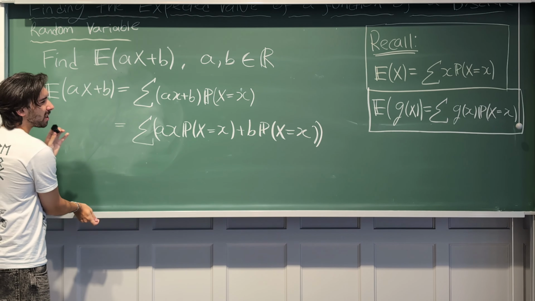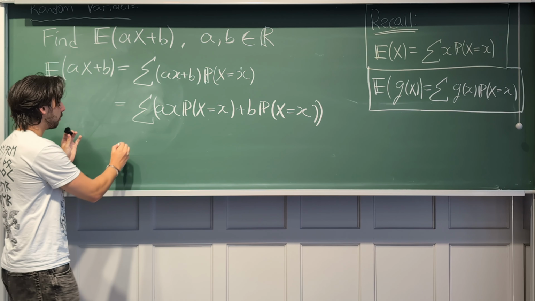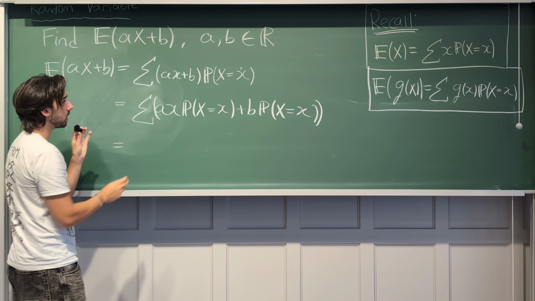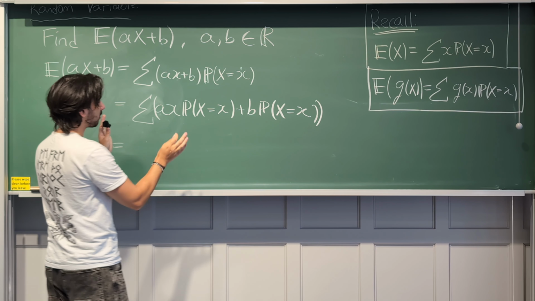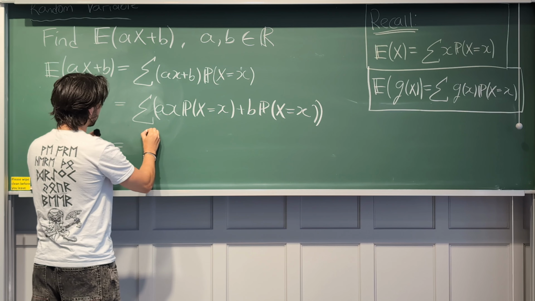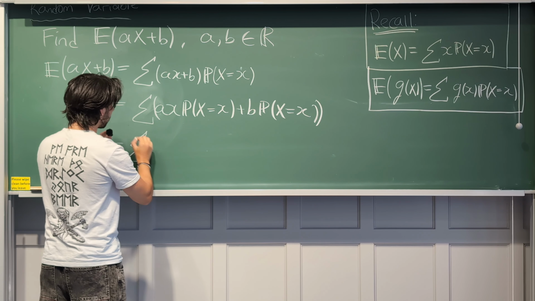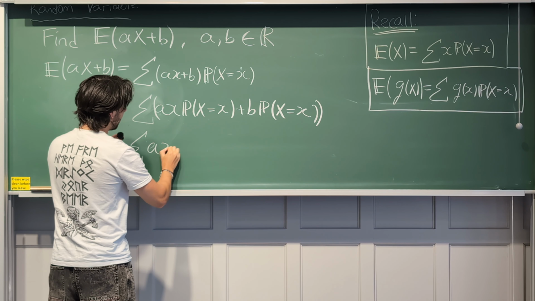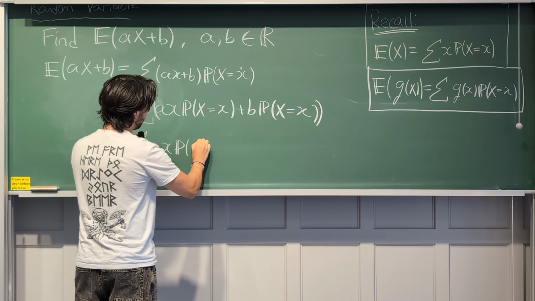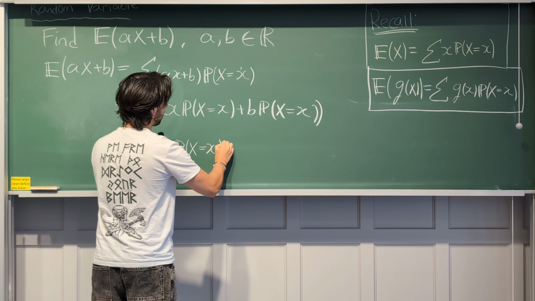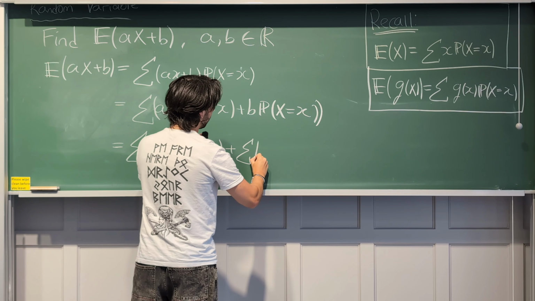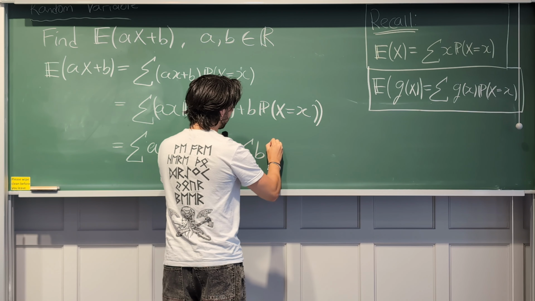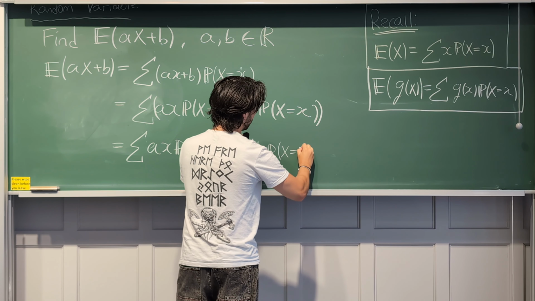Now you might be able to see what we can do with this. This is just some basic algebra, really. We can take the a outside of the sum, or actually let's split it into 2 sums first. That's probably a bit better. So let's rewrite this as the sum of ax times the probability that big X equals little x, plus the sum of b times the probability that big X equals little x.